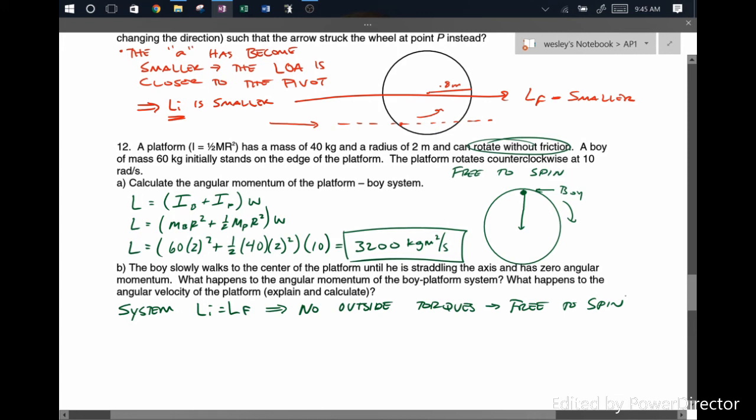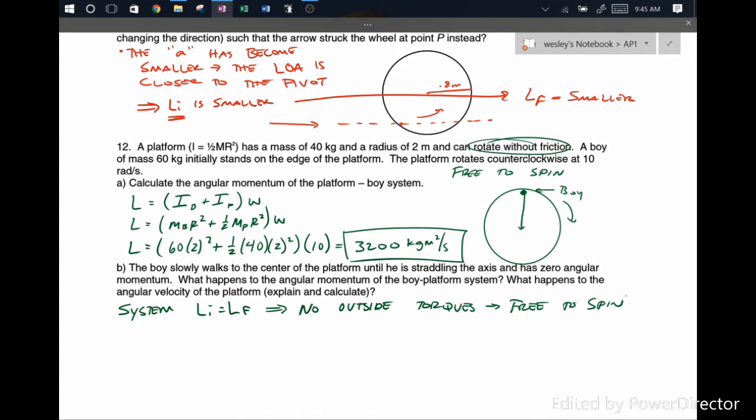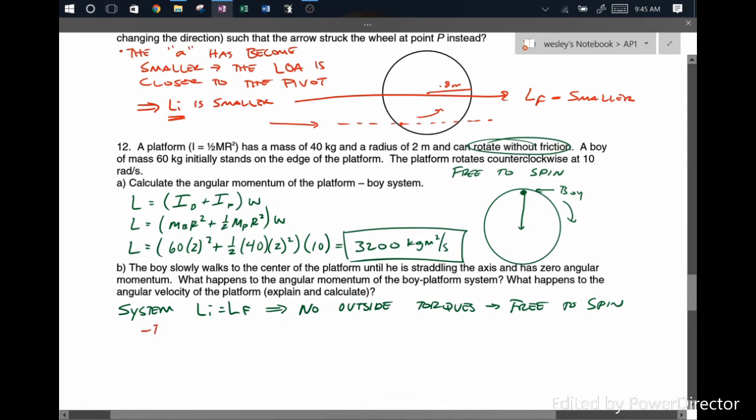However, because the boy is losing angular momentum, the platform is going to have to gain angular momentum, right? The system stays the same, but the boy loses L, so the platform gains L, meaning it speeds up.